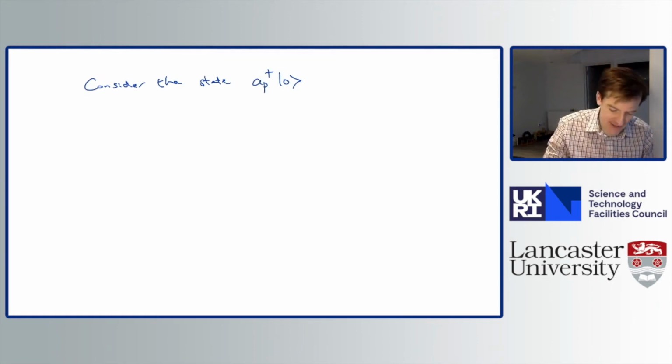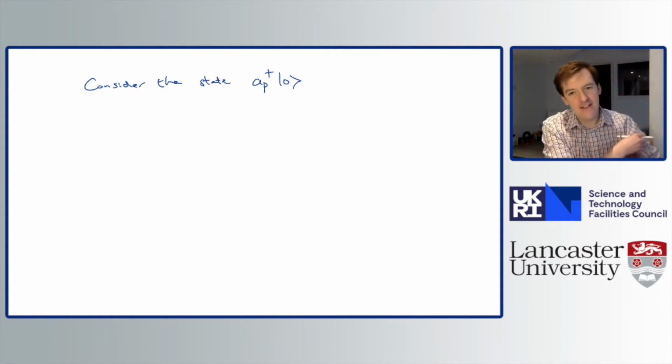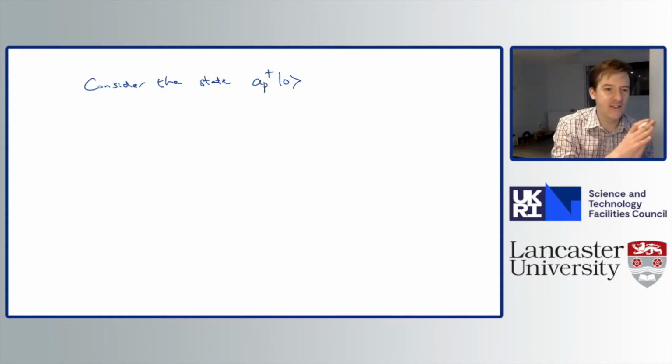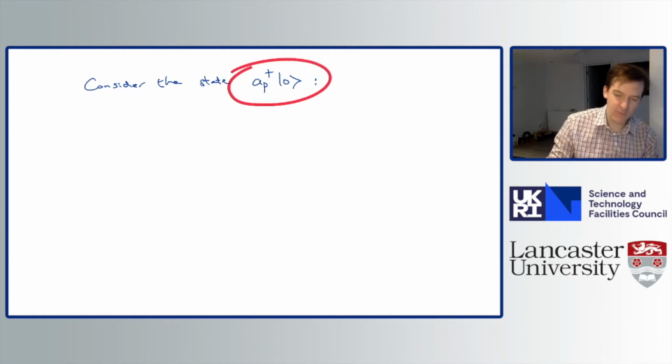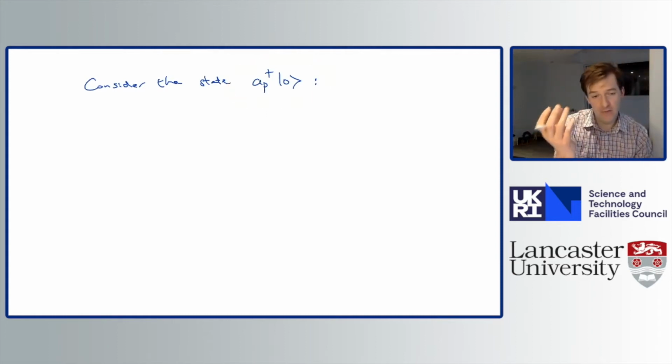If I write A_P dagger, I mean the creation operator. So we want to consider this state. And my claim that I want to get to is that this state represents a particle. It represents a particle with a definite momentum and a definite energy. And this is how particles will emerge in quantum field theory.